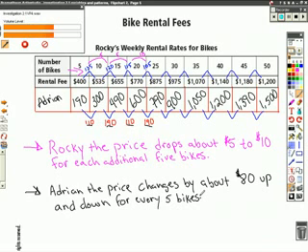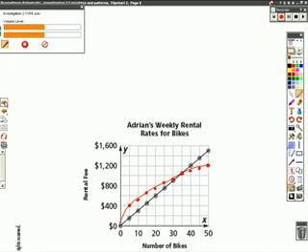The last thing that it asks us to do is, given this information, almost forgot, the graph. So given the graph, is there a pattern? For Adrian, it's pretty much a straight line. So Adrian is steadily increasing.